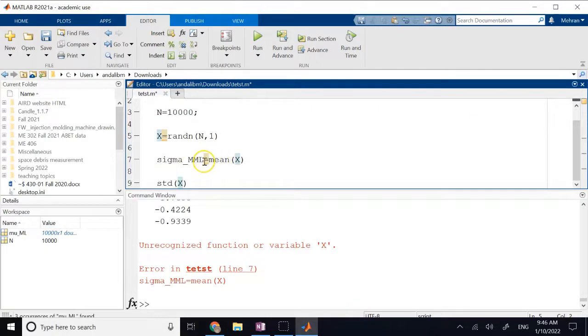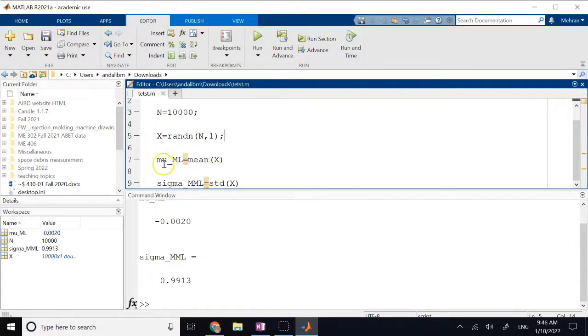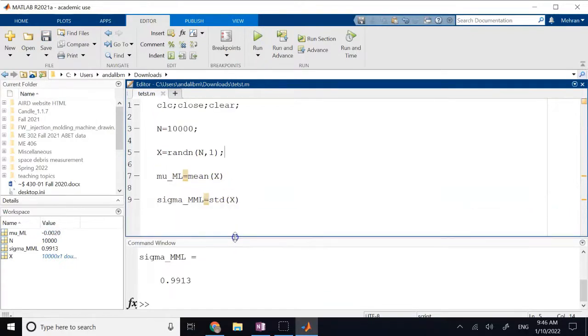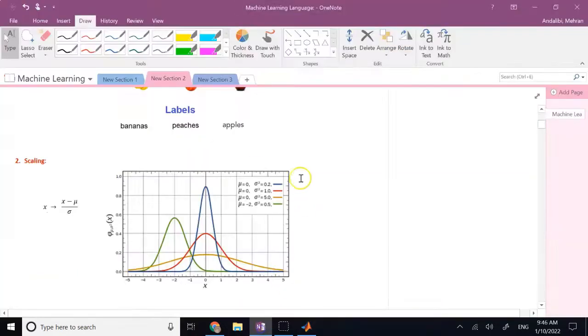Seems like I did write something in the wrong place. Here we go. Okay. So you can call them mu maximum likelihood and sigma maximum likelihood. Okay, as simple as that.